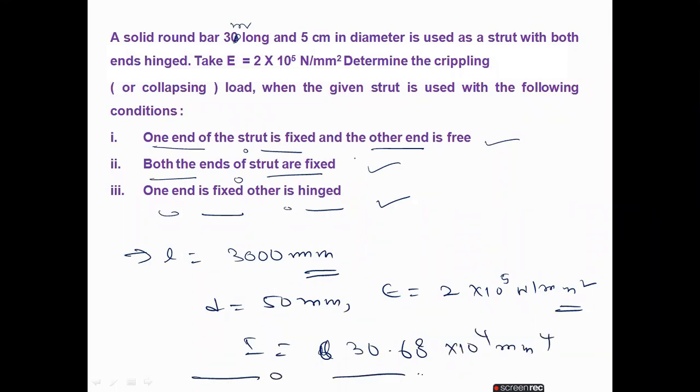So this is the given data, but we have three conditions. The first condition is that we have to calculate the crippling load when one end of the strut is fixed and the other is a free end. If you observe here, we have a formula for that one. The first condition is one end fixed and the other free.